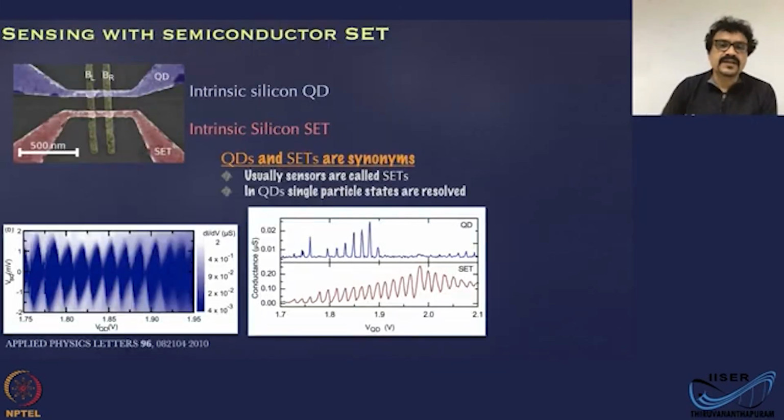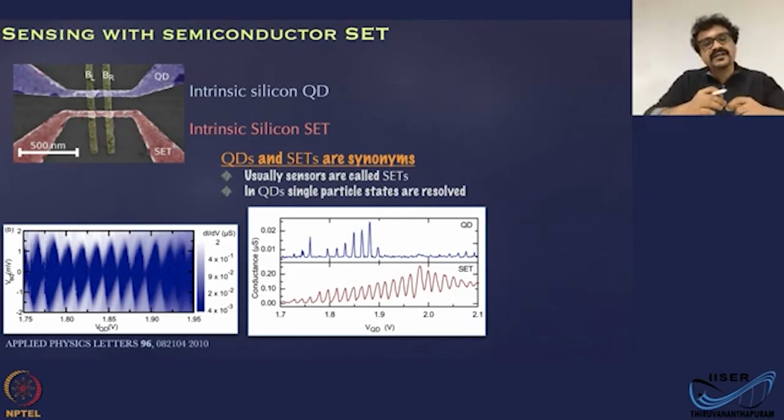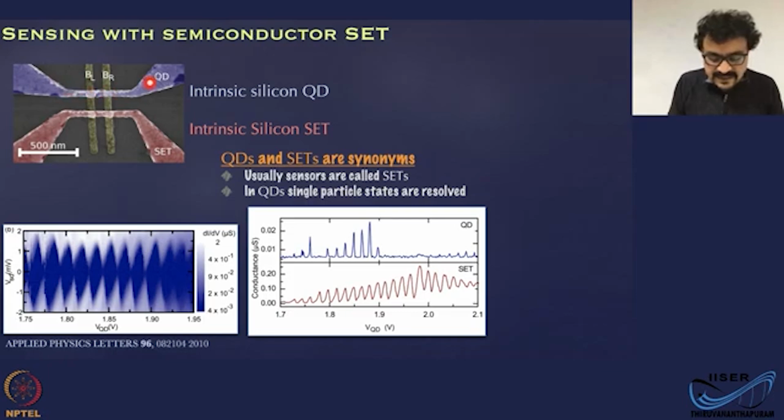Now, let us look at a semiconductor SET on a semiconductor quantum dot. In this case, what you have is an intrinsic silicon quantum dot and intrinsic silicon SET. So this quantum dot and SET both are defined on a nanowire geometry. So what you have is a thin silicon strip which is defined by a micro fabrication process, and a similar SET also.